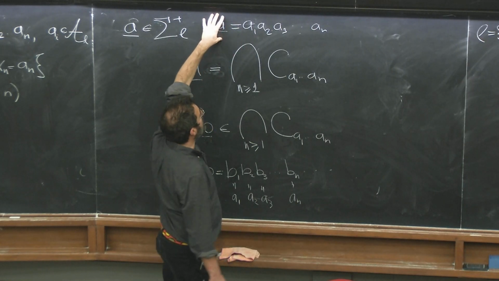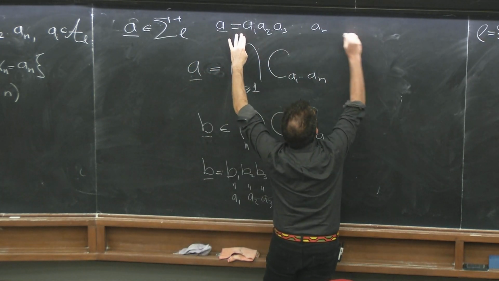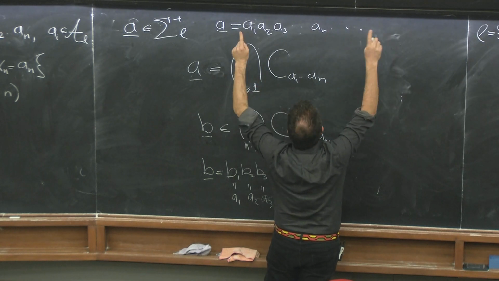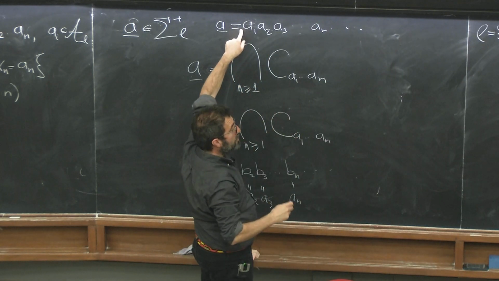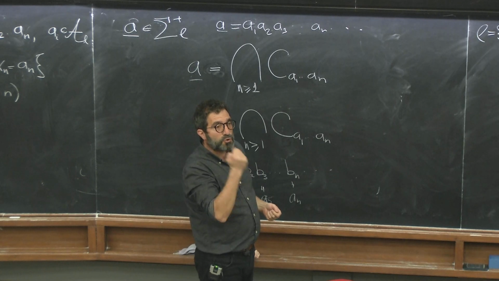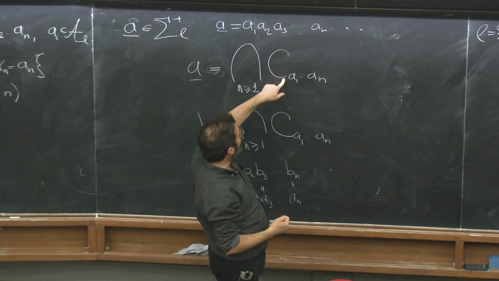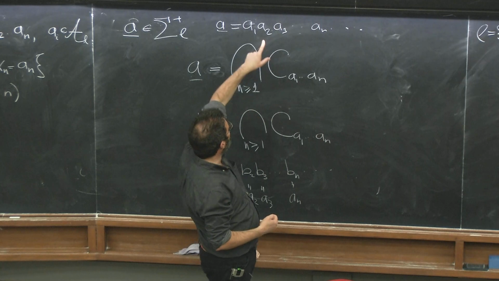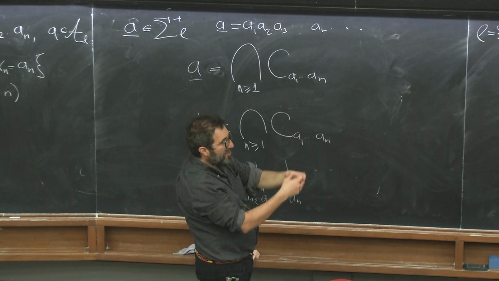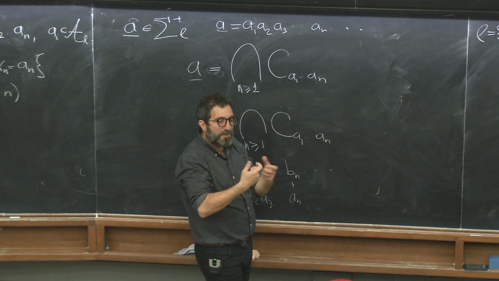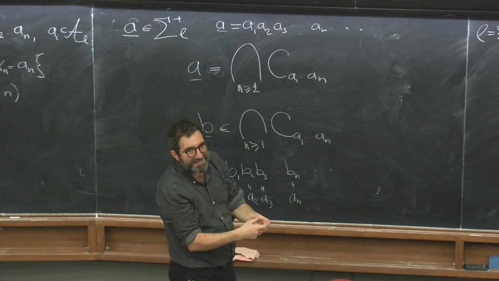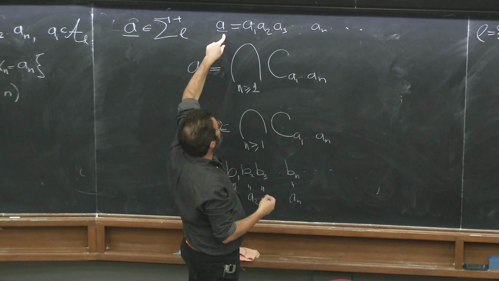We fix this sequence A, we choose this particular sequence here. This is a particular sequence, right? So any other point, sooner or later, will fail to belong to this cylinder set, because this cylinder set is shrinking, not geometrically, but symbolically, it's shrinking towards A, right?